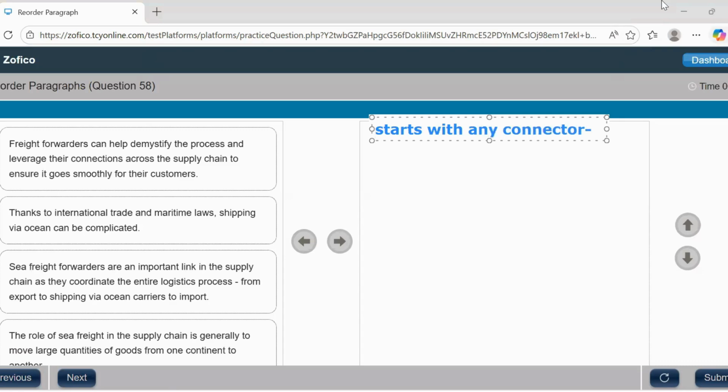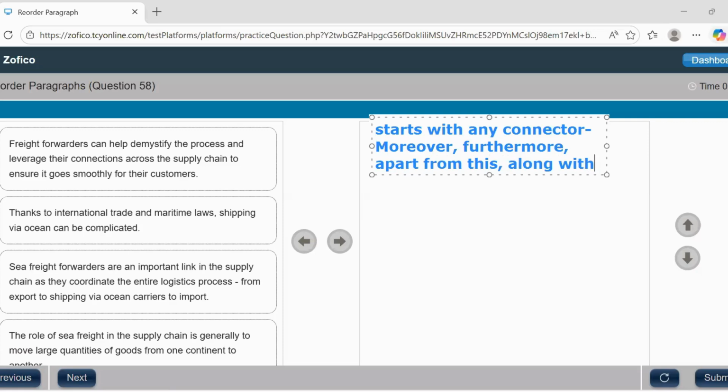For example, the connectors can be moreover, furthermore, apart from this, along with this, additionally, in addition to this, or there is a contrast connector like however.